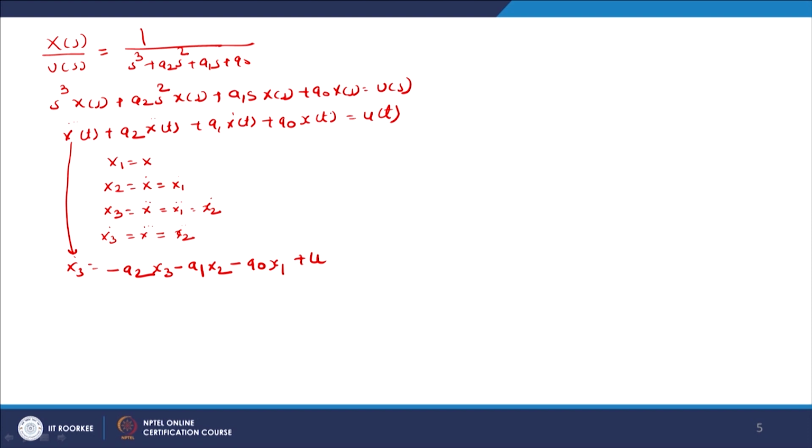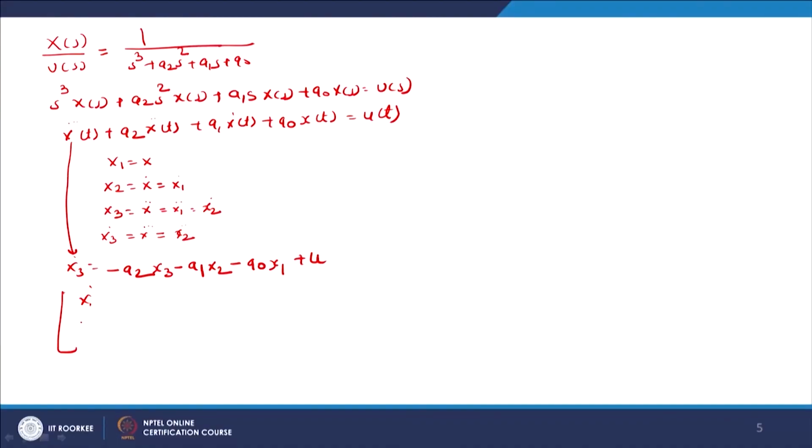Sometimes you can write t; here I have removed it so as to get simplified results. Now, finally, we want its state space model. So, how do you write the state space model? Here we take the variables as x1 dot, x2 dot, x3 dot, equal to, what is x1 dot? X1 dot equals x2, that is 0 1 0.